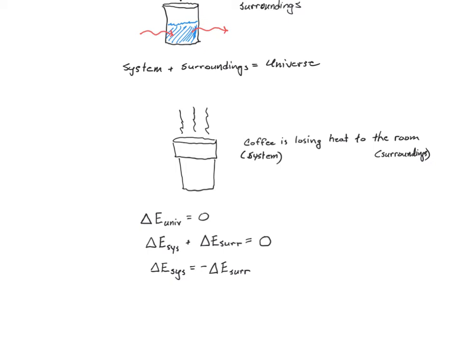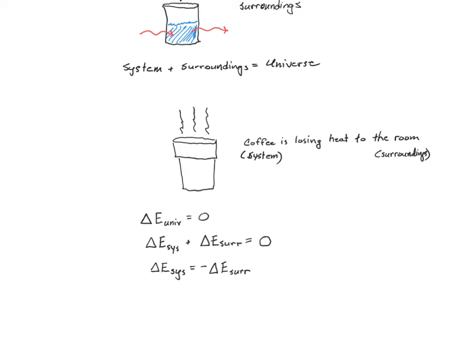The coffee is losing energy. However many joules or calories of energy that it's losing is equal to the amount of energy that the surroundings are gaining. The difference between the two is simply the sign.